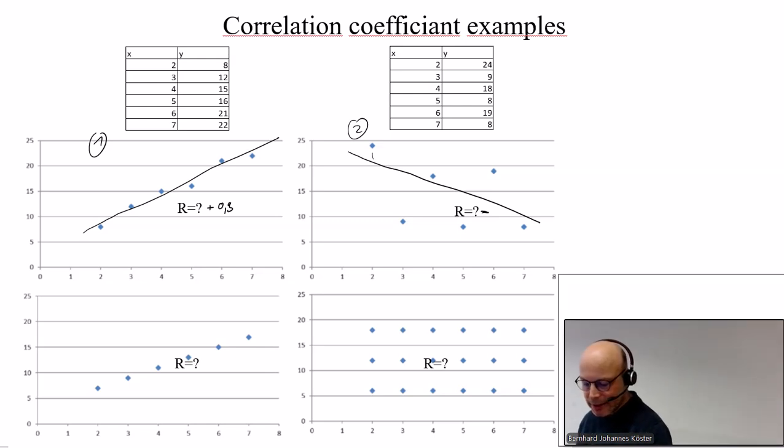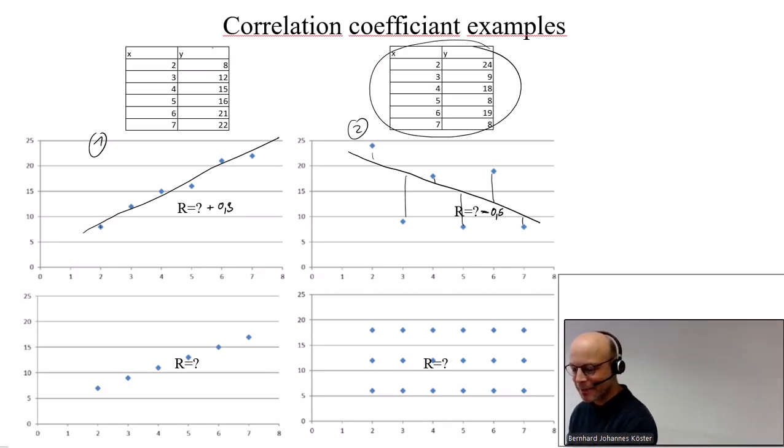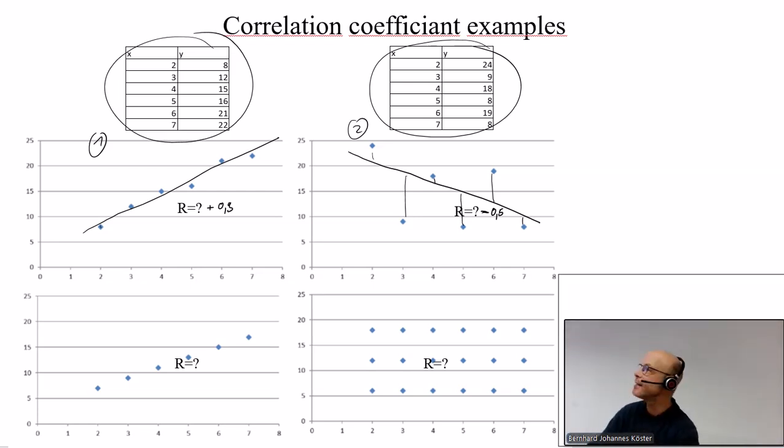If you look again, the distances are quite larger here. So here we would say, well, this line fits quite well. But here, okay, I can do it, but is it really meaningful? So I don't know. Let's say 0.5. We will see it. These are the data sets for this, and we will see it in a minute.